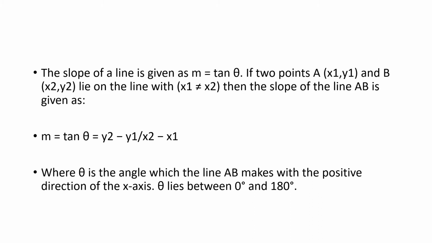Then the slope of the line AB can be understood as tan theta is equal to y2 minus y1 divided by x2 minus x1, where theta is the angle made by line AB with the positive direction of the x-axis, and theta can be any value which lies between 0 degree and 180 degree.